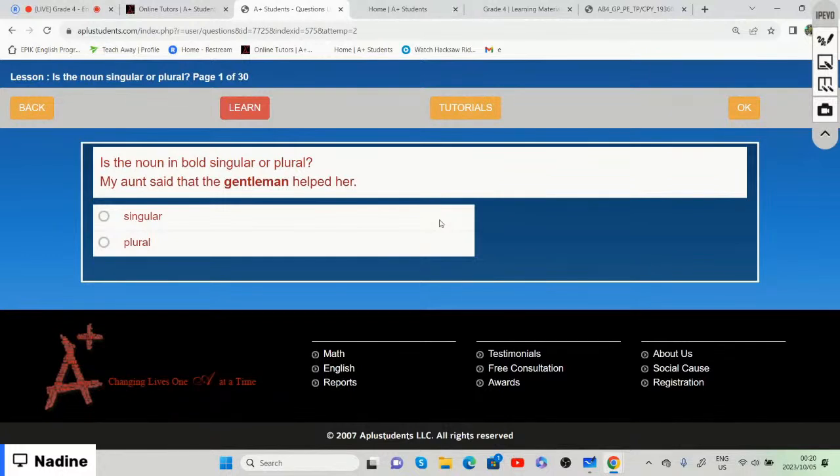So gentleman. Is gentleman referring to one man, or is it referring to more than one man? Is it singular or is it plural?